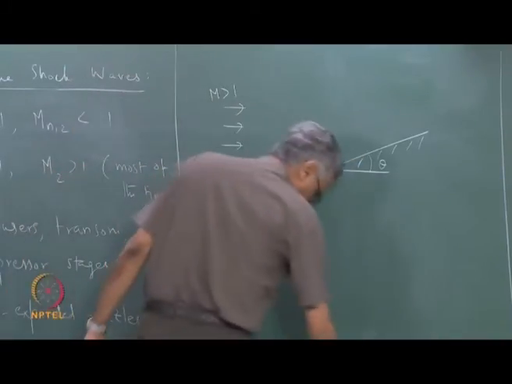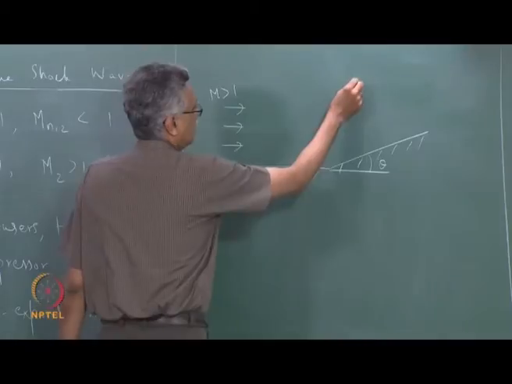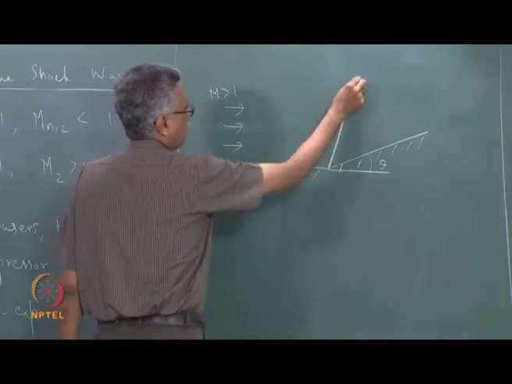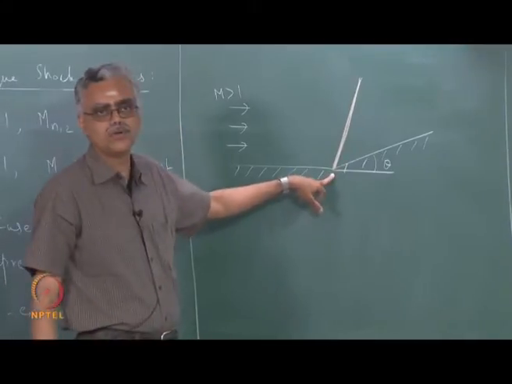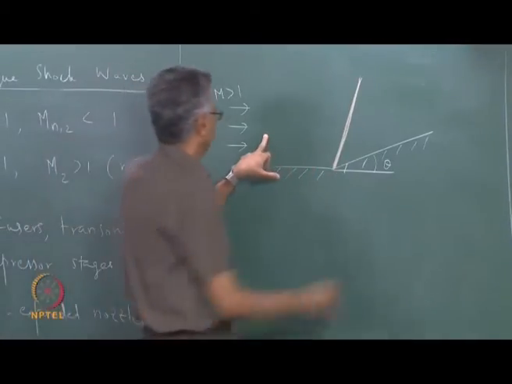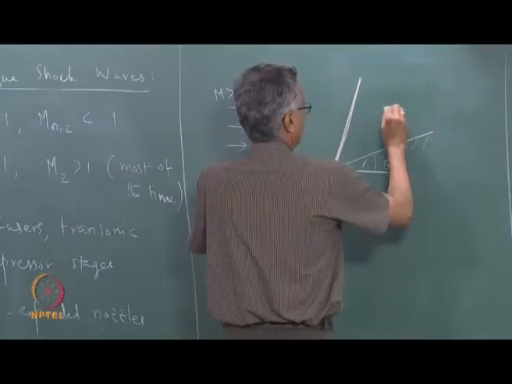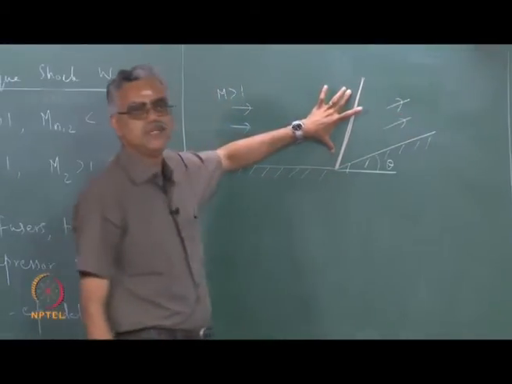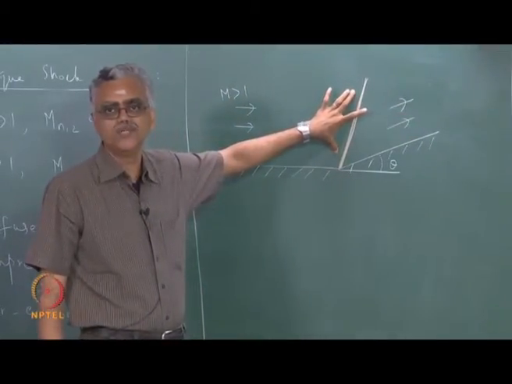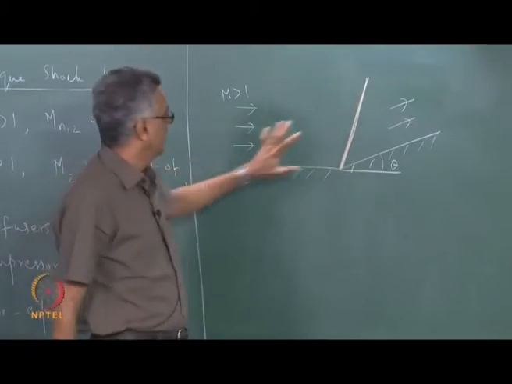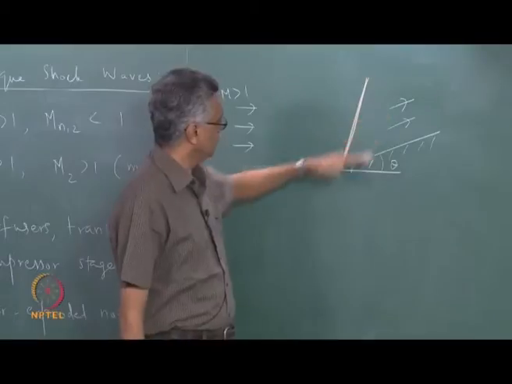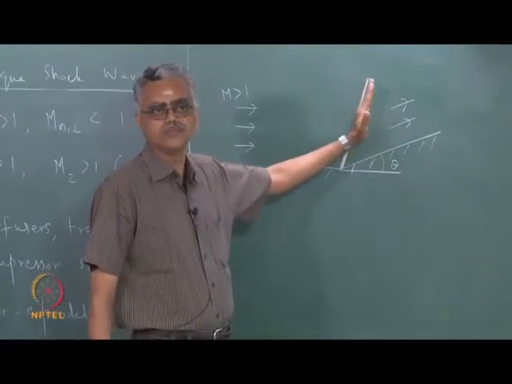So what happens is, something is generated from this corner, right? And in this case, after passage through the wave, let us say that this is some wave. We do not know whether it is an expansion process or a compression process. But we do know that after passing through the wave, the flow is deflected towards the wave, right?